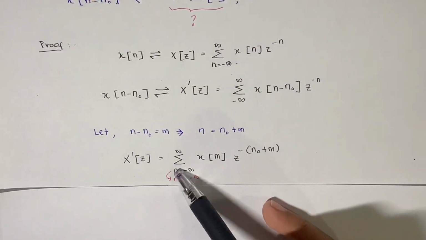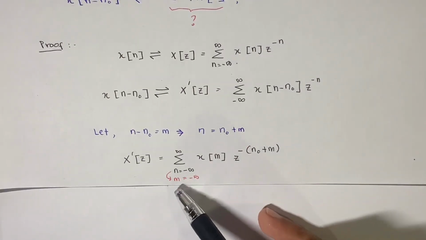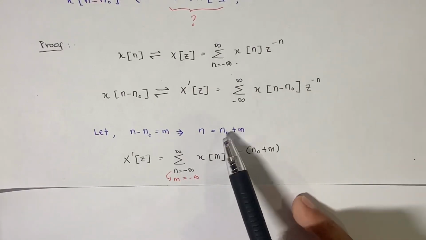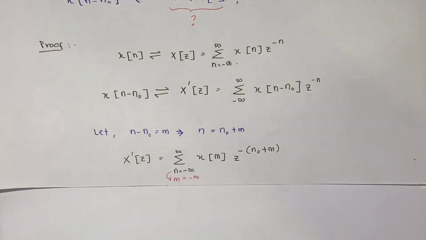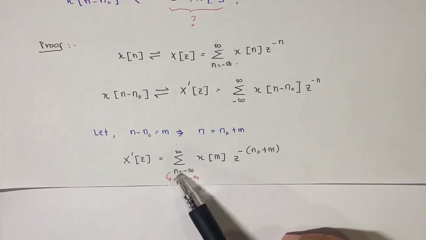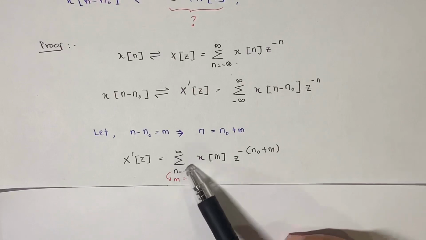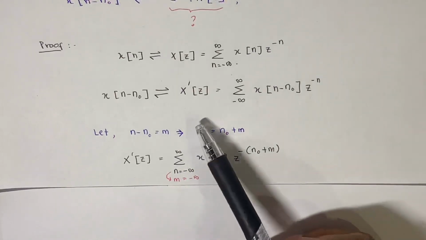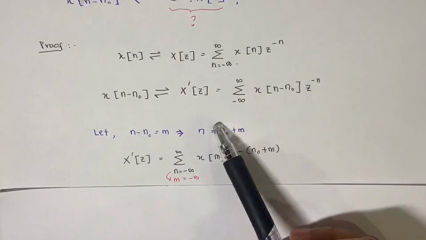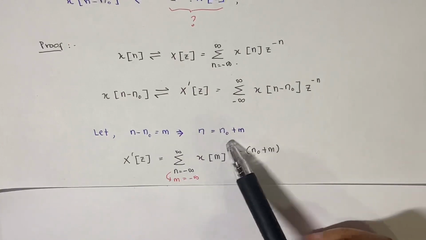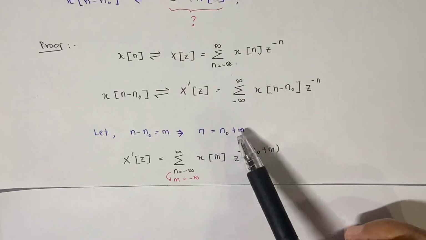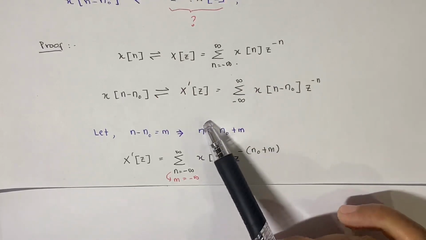Why n to m, not n to n naught plus m? This is because n ranges over negative infinity to infinity. Whatever number we substitute, the range stays negative infinity to infinity.